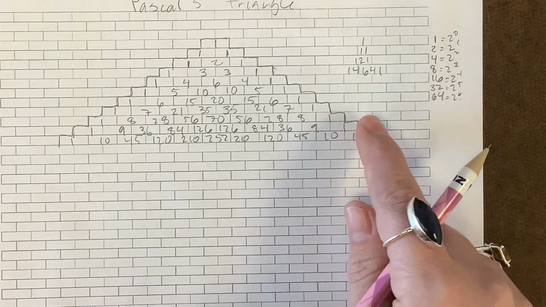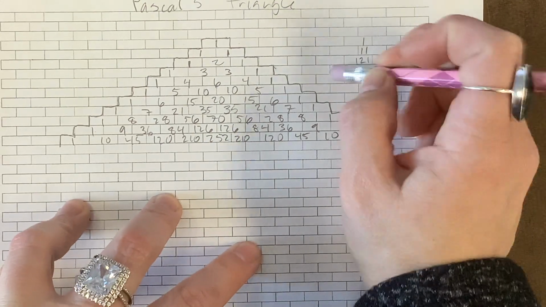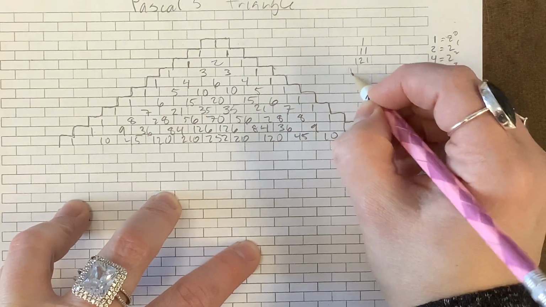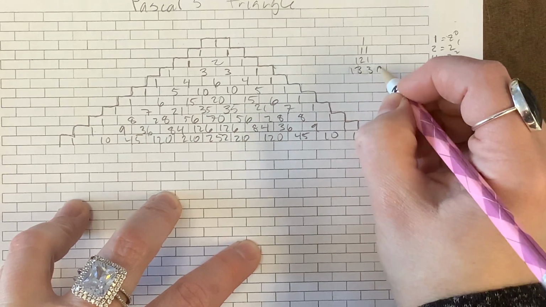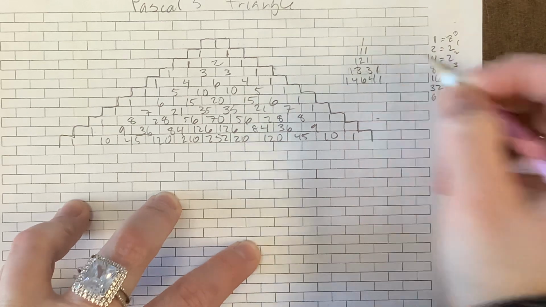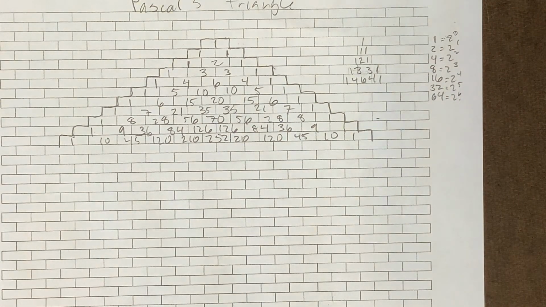Oh, I skipped a row. Just kidding. I was wondering why it did not match my paper. 1, 3, 3, 1. And then this one is 1, 4, 6, 4, 1. I was confused for a second.